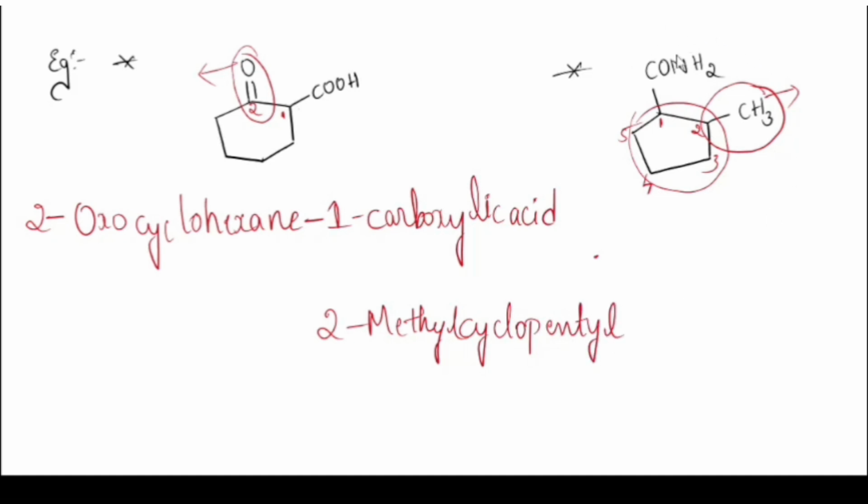And what is the suffix we have to add in case of amides, that is at the position 1. Here cyclopentane, there is no elision of E in this case, that's why cyclopentane, and here 1, and here what is the suffix for amide, that is carboxamide.